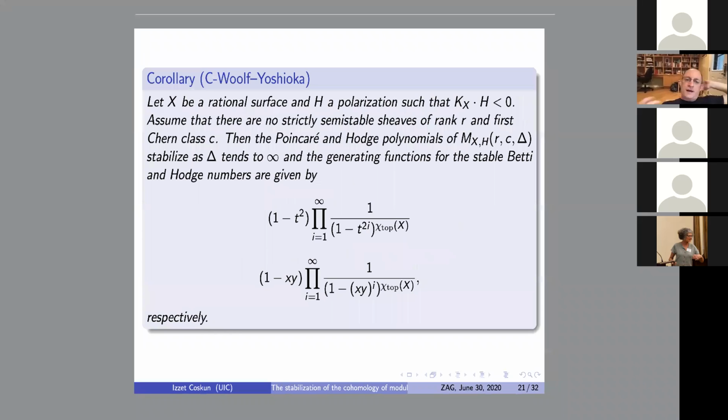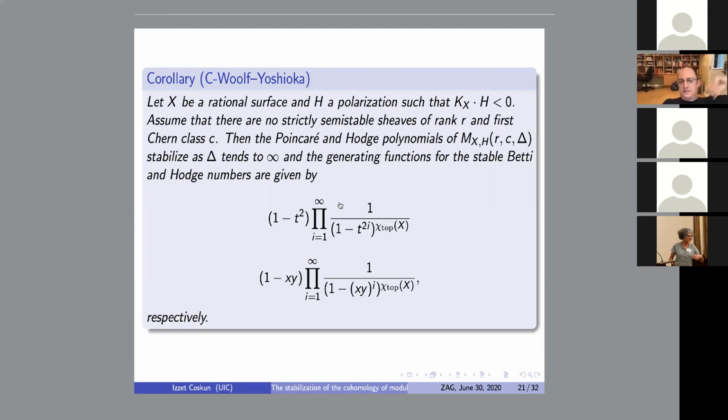And the other corollary is that suppose now you have a rational surface, H a polarization like this, and assume that there are no strictly semistable sheaves of rank R and first Chern class C. Then you can compute the Poincaré and Hodge polynomials of these moduli spaces, and they do go to what you expect.